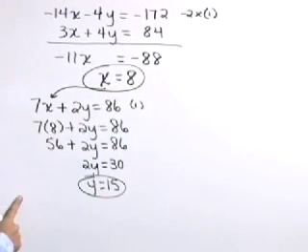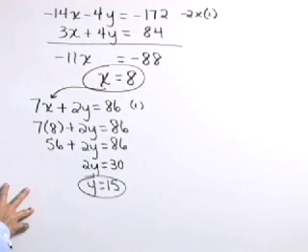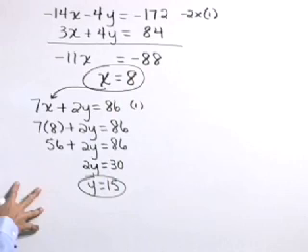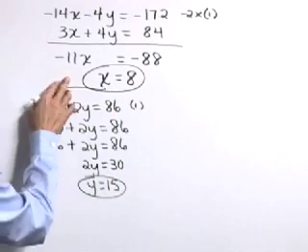We've completed step 4. In step 5, we want to state our answer very clearly. So x represented the price of an AC adapter.